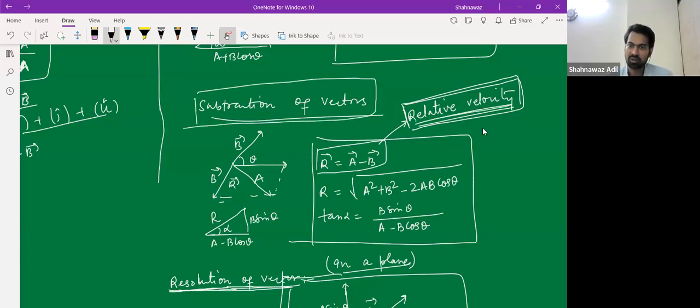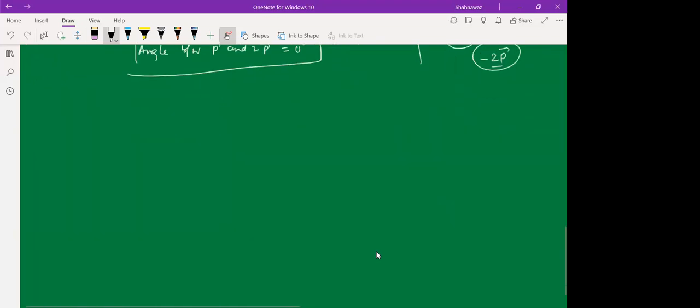Okay, sir. Let's say I want to calculate the relative velocity of A with respect to B. This is simply VA minus VB. So you see that there is a subtraction of vectors involved. We will see that whenever two cars are moving and we have to find the relative velocity of cars or trains, we will use this subtraction. Okay, sir.